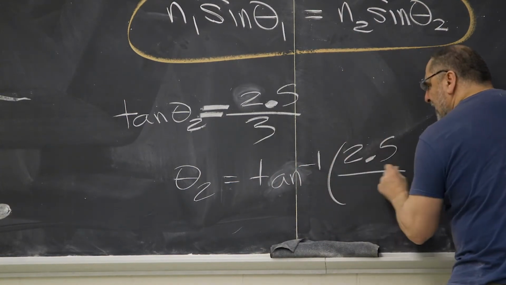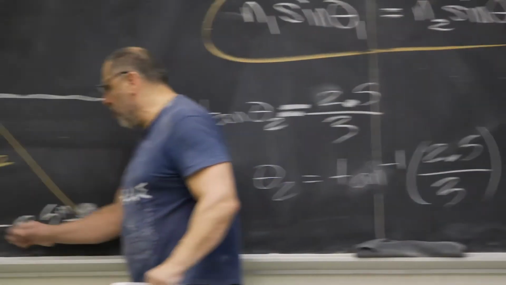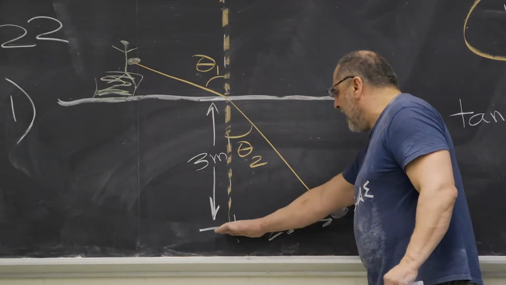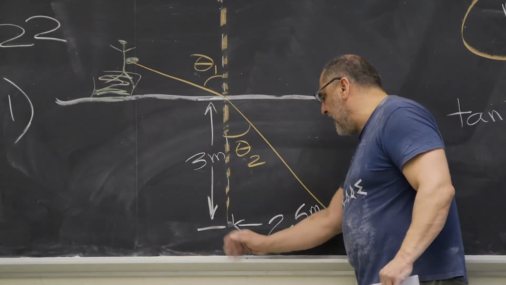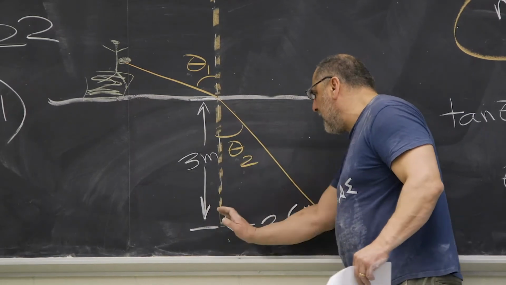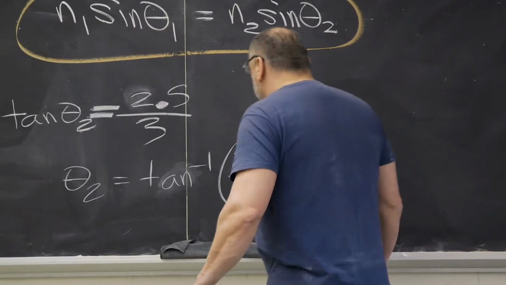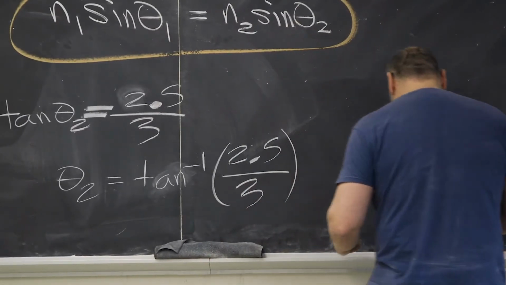Again, it's rise over the run. Well, this doesn't look like a rise over the run. This looks like a run and a rise. Here's the opposite, here's the adjacent. Opposite divided by adjacent is the tangent of theta 2. Theta 2 is the inverse tangent of that.